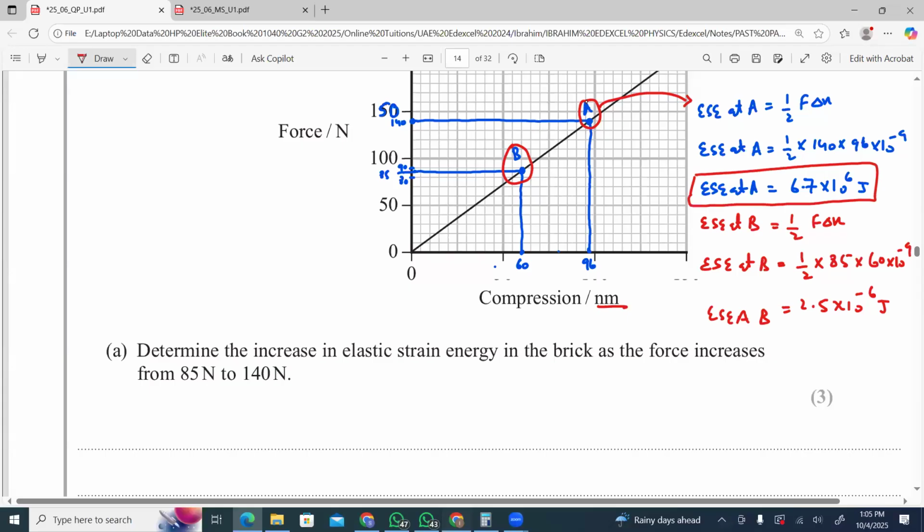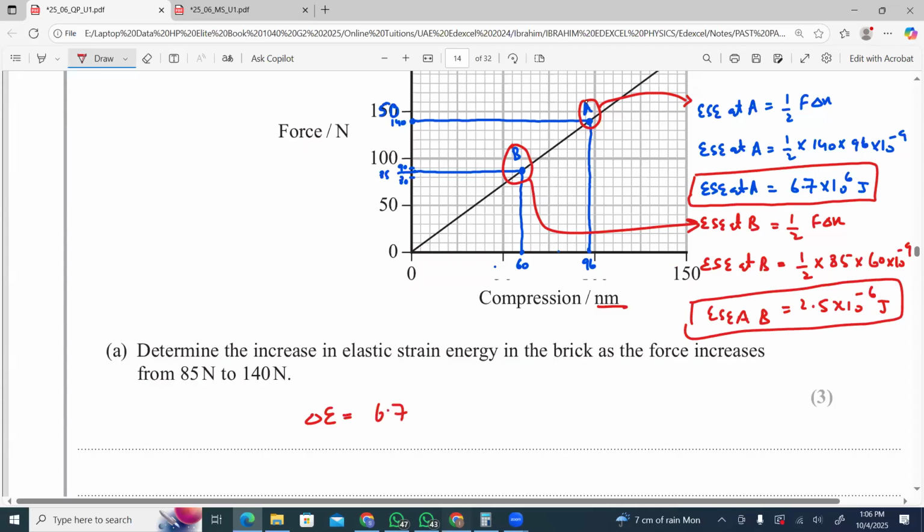Then similarly, you have to consider the elastic strain energy at B, and the value for the force at B is 85, and the compression is 60 nanometers. So just multiply and get the answer. Finally, you just need to subtract the two to get the change in the elastic energy.